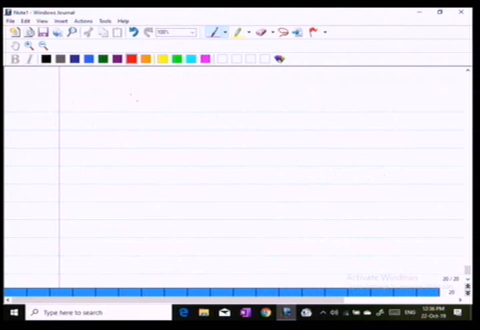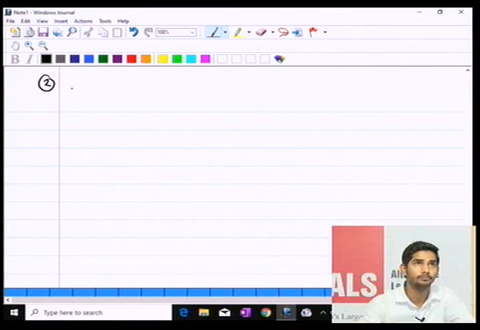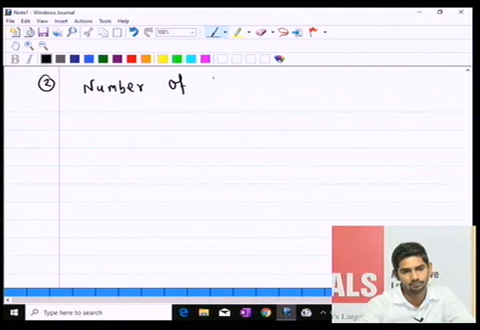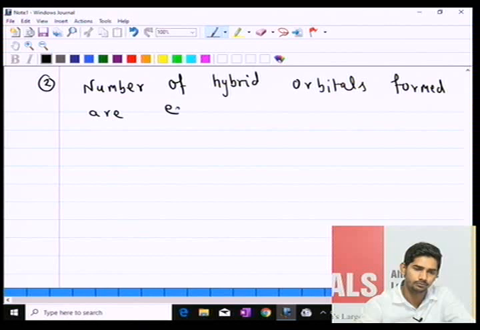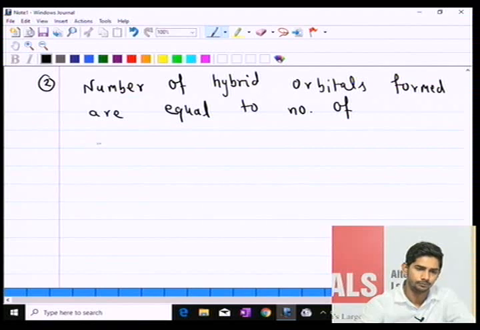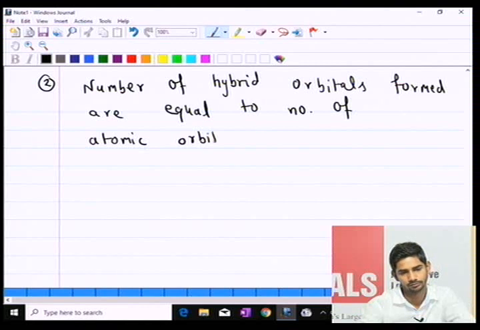Let's move on. The number of hybrid orbitals formed is equal to the number of atomic orbitals intermixed.